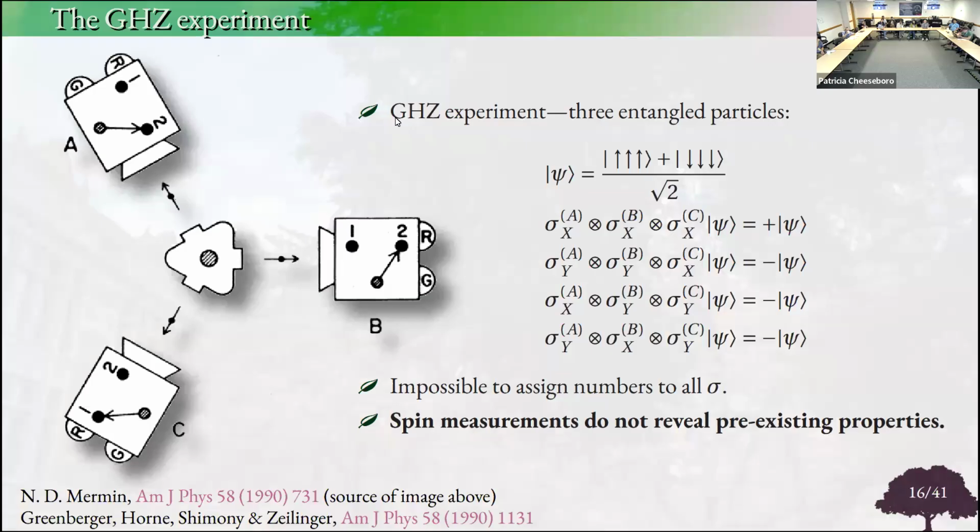So assume these have numerical values of +1 or -1, multiply these together, and you derive that +1 has to equal -1, which of course is not true. So the assumption that it's possible to assign numerical values to all of these spin projections simultaneously, in a way that's independent of how you've chosen to set up your detectors, is false. So something like this GHZ setup cannot reveal properties that were there before measurement.